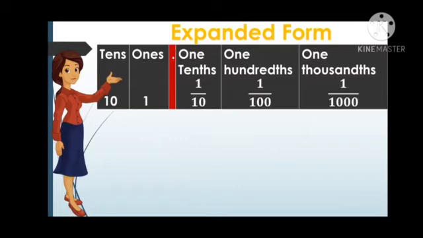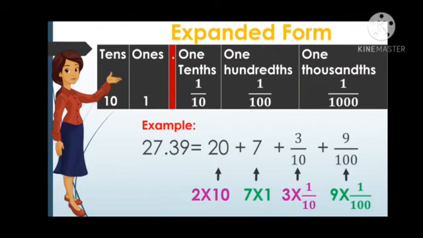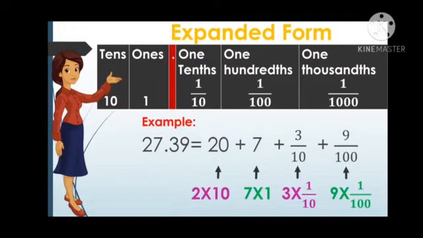Now, let us learn about expanded form. First, we will simply multiply the place with its digit. For example, 27.39. So here 2 is in tens place. So 2 tens are 20. 7 is in ones place. So 7 ones are 7. 3 is in 1/10th place.